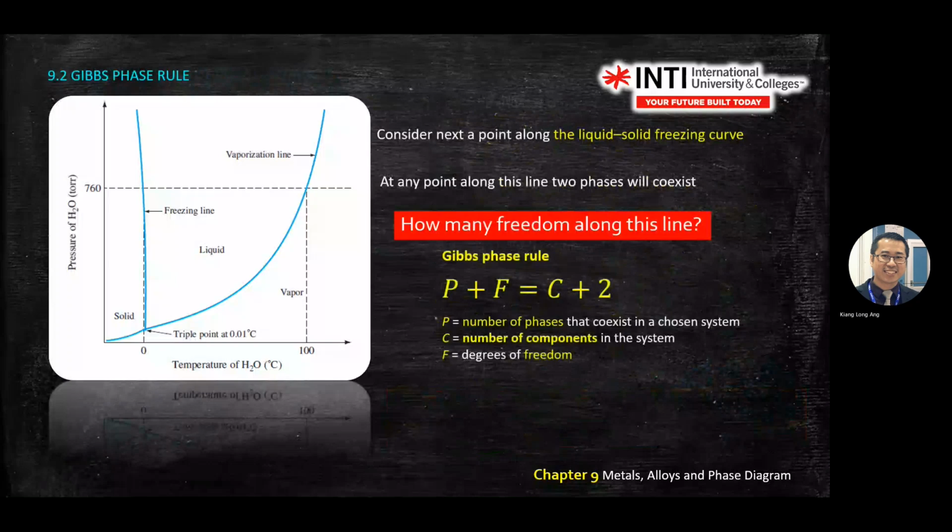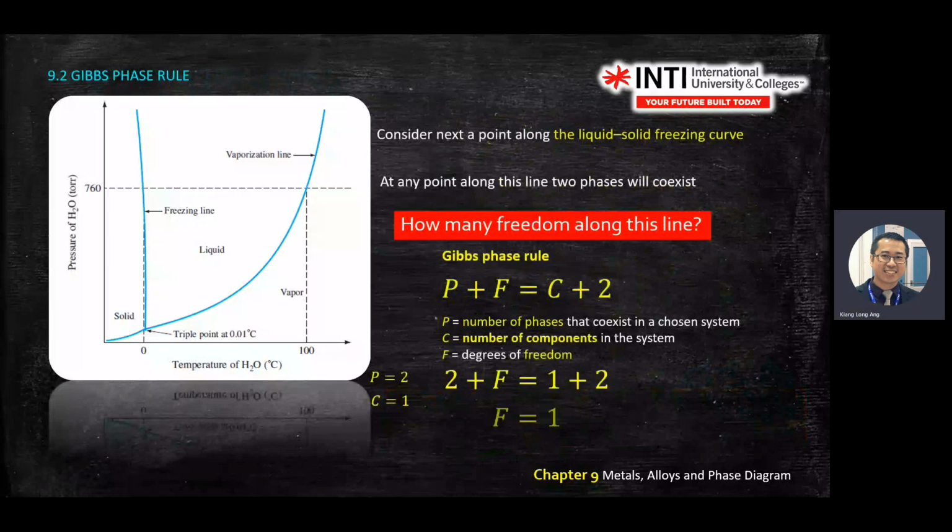So based on the Gibbs phase rule, you know that component C is 1 because only water. How many phases? 2 phases. So C is 1, 1 plus 2 is 3, minus 2 phases. Freedom is 1. So you only have 1 degree of freedom.